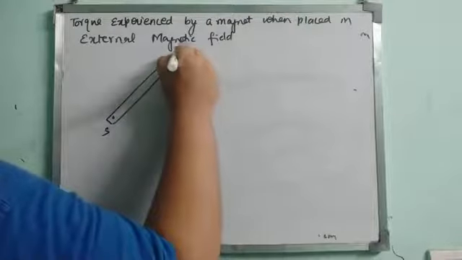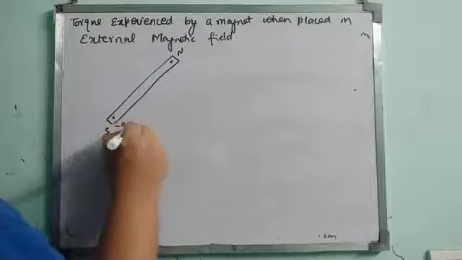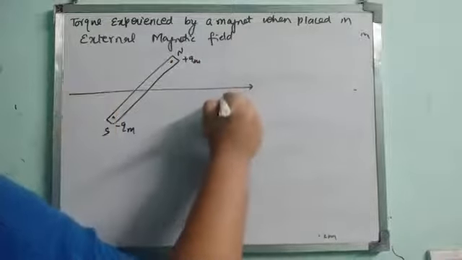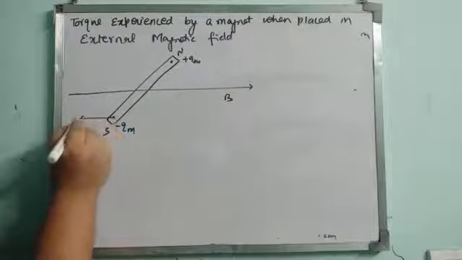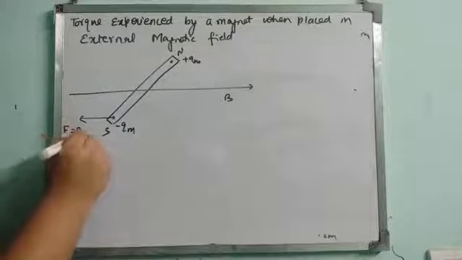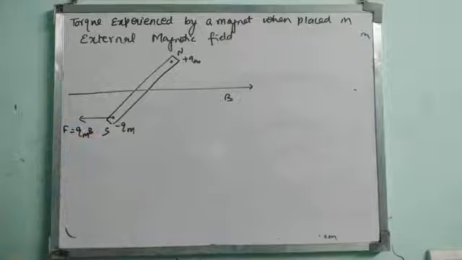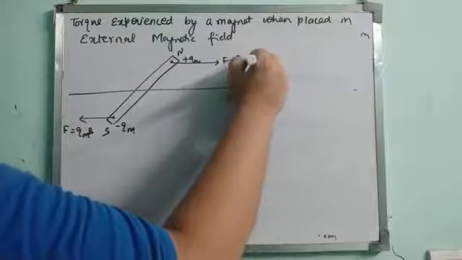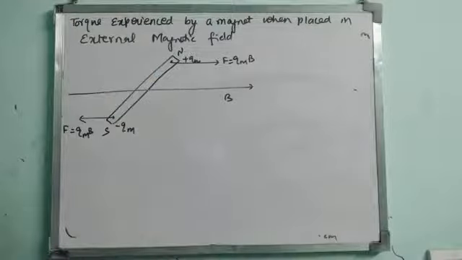South pole, north pole, minus qm, plus qm. In the magnetic field, the south pole will experience the force equal to qmB in direction opposite to the magnetic field, and north pole will experience the force equal to qmB in the direction of magnetic field.